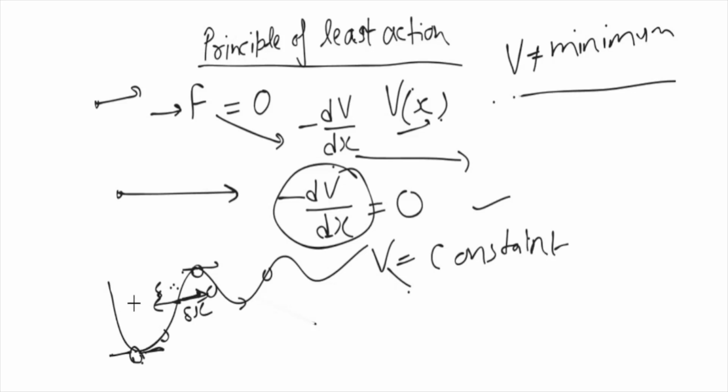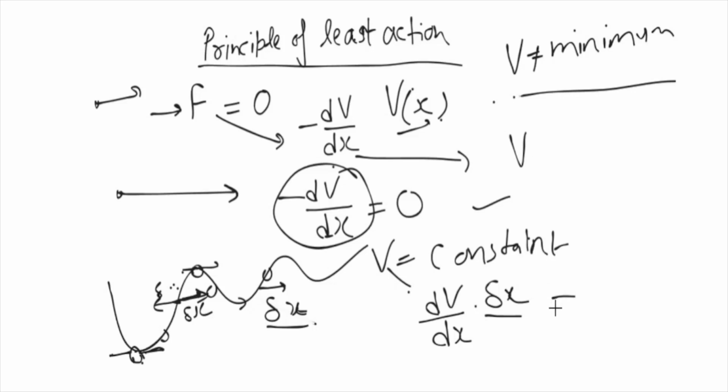And let's think about how much the potential energy V changes when we move a little bit. If we move a small delta x, how does the potential energy change? The answer is dV/dx times delta x, because the movement is delta x, and it is equal to delta V. What is delta V?